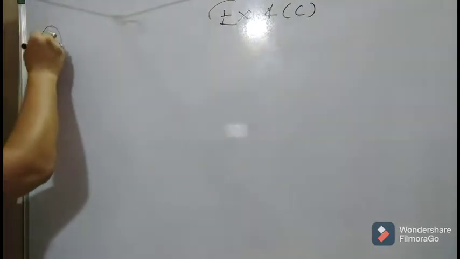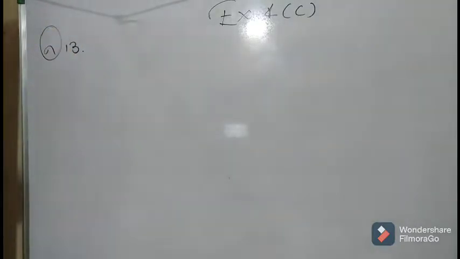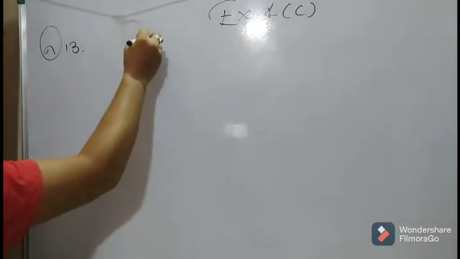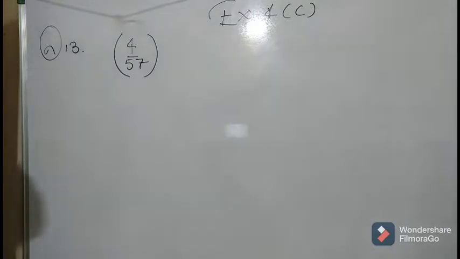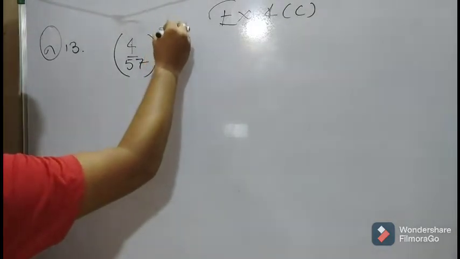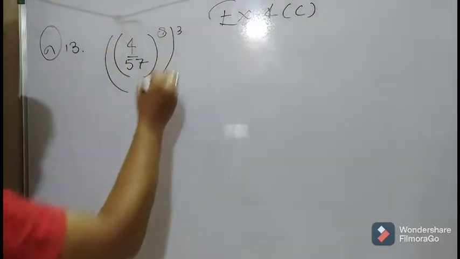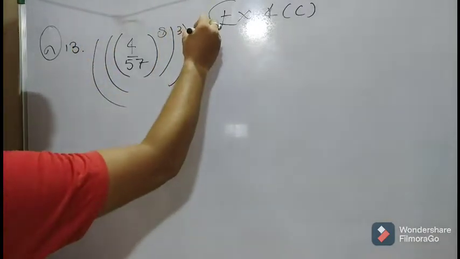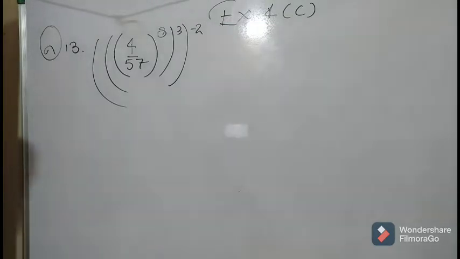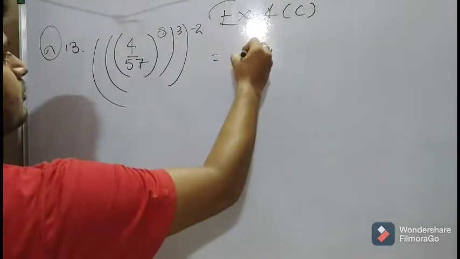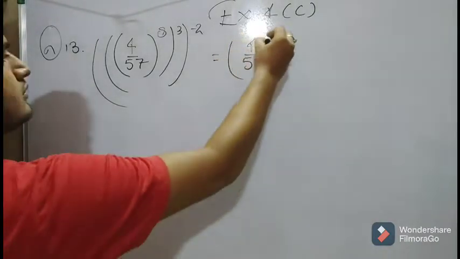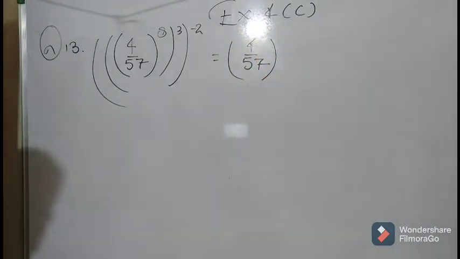Question number 13. It is saying find x so that 4 upon 57 raised to the power 8, raised to the power 3, raised to the power minus 2, is equal to 4 upon 57 raised to the power minus 5x minus 3.